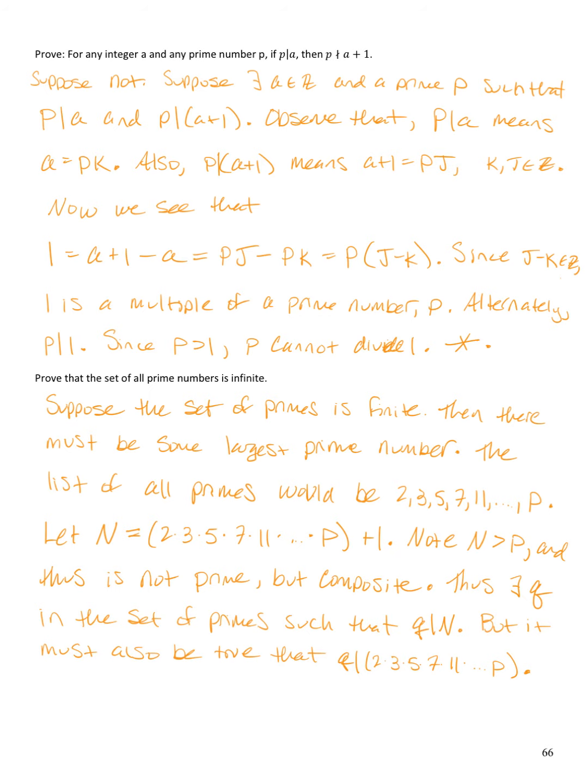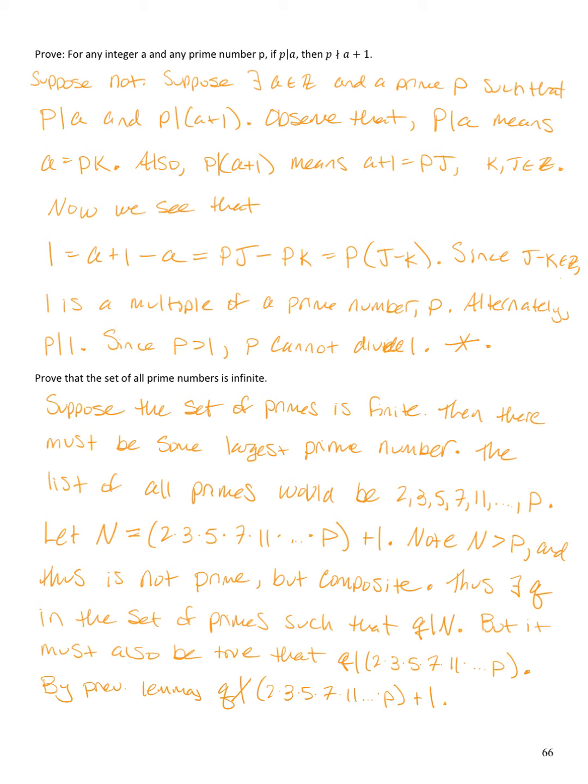Because q, a prime number, cannot divide an integer and that same integer plus 1, which is what N is. Okay, so by the previous question, q cannot divide 2 times 3 times 5 times 7 times 11 up to P, plus 1.